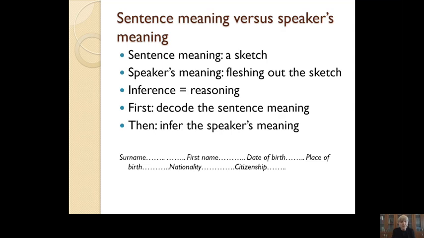And of course, you may think that deduction is a pretty complex process, yet inferencing proceeds in an effortless way. It is fast, and we are not even aware what amount of inferencing is involved in our everyday communication. So now let's modify the picture. First, we decode the sentence meaning, and then we infer the speaker's meaning, as if you were filling in the questionnaire.